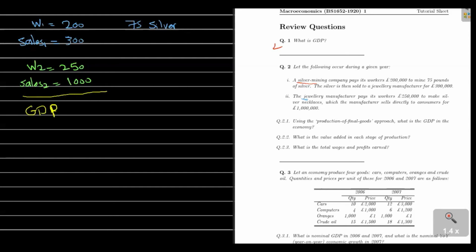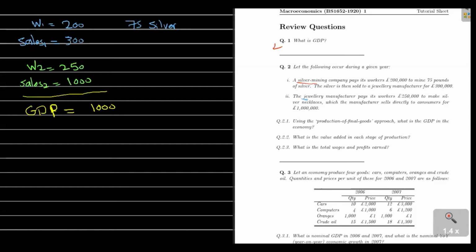You have 10 seconds to tell me, using the mic or the chat box. Okay, yes, everyone is saying that's correct. That's true, because the value of final goods and services here is 1 million pounds.